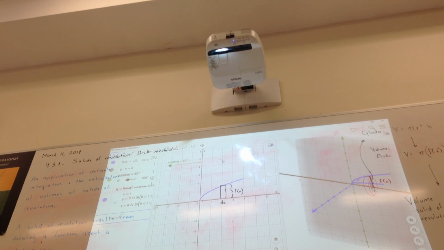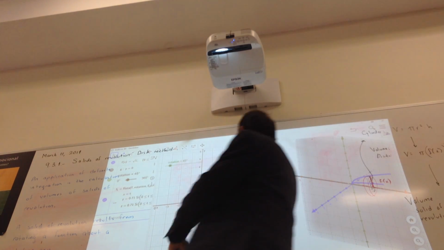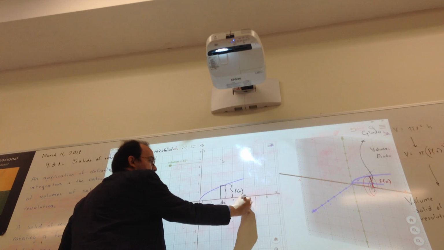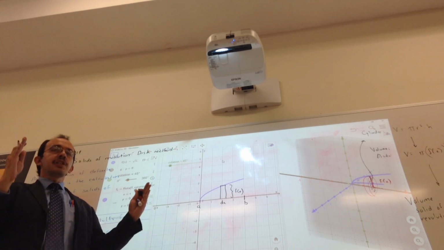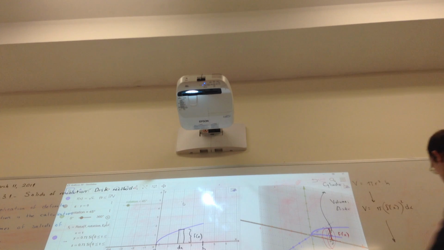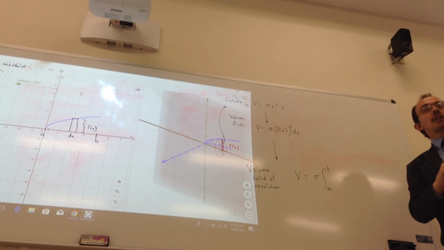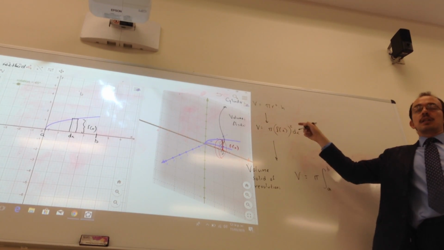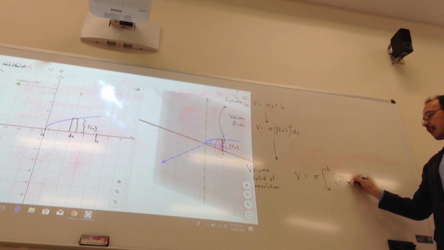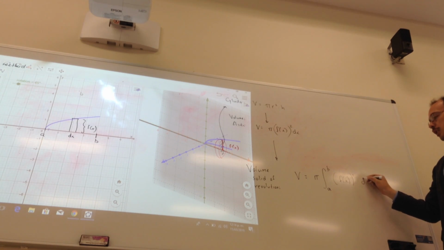From where to where? Remember that the Riemann sums always start at a certain point and end at a certain point. Certain region. So it's going to be the integral from a to b of what? Of this. f of x to the square times dx.